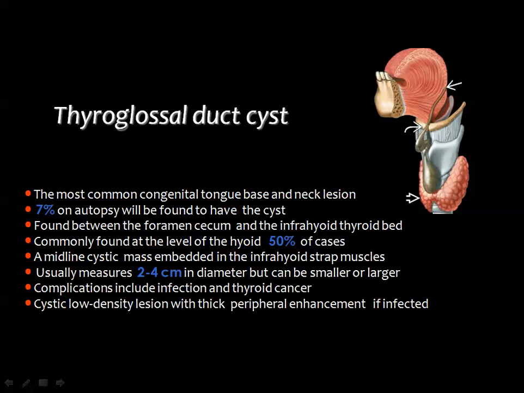Then this descent course is liable for the formation of a cyst or a fistula or sinus, and frequently you see a cystic lesion which is embedded in the strap muscles, usually located at or just below the level of the hyoid bone, and this cyst is in the range of 2 to 4 centimeters in diameter.